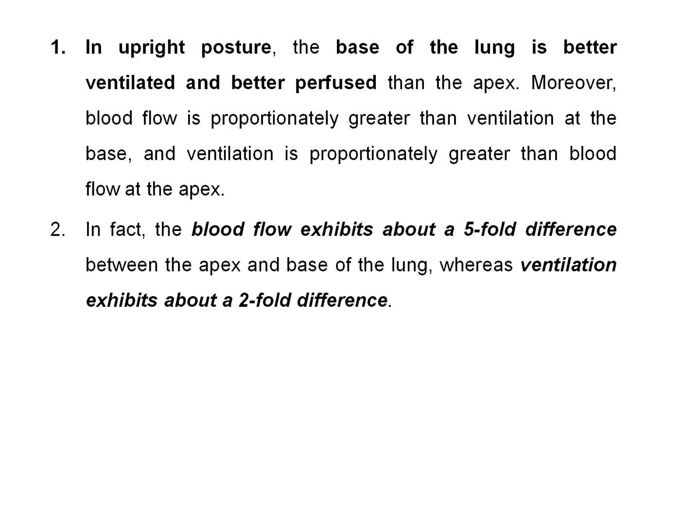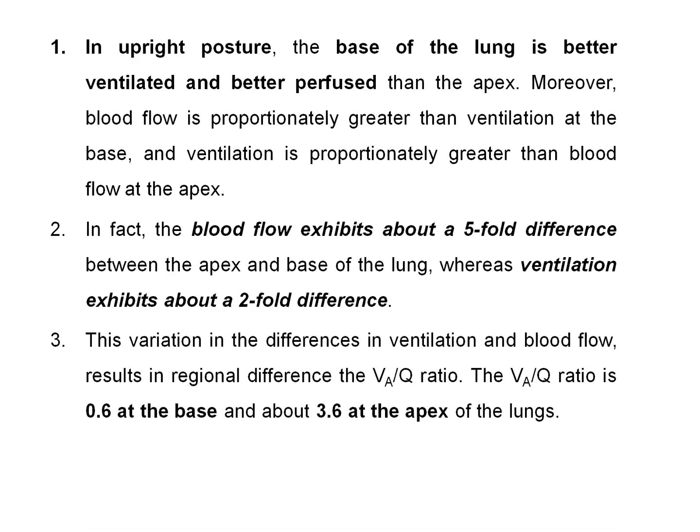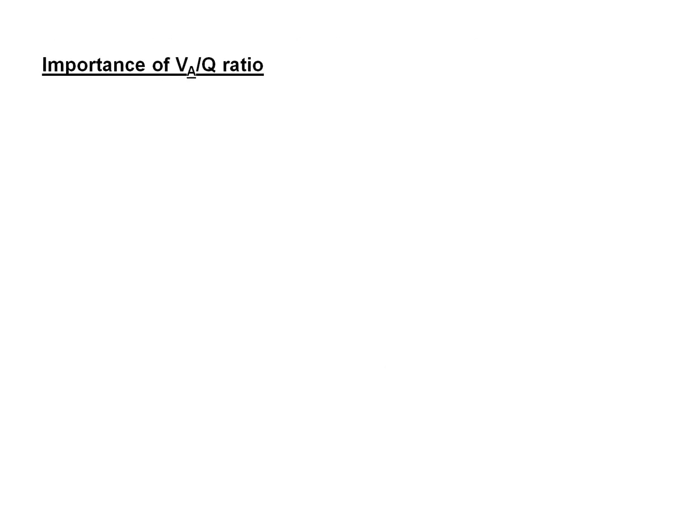The blood flow exhibits about a five-fold difference between the apex and the base, whereas ventilation only a two-fold difference. This difference results in regional differences of the VQ ratio. The VQ ratio is 0.6 at the base, which is low, and about 3.6 at the apex of the lungs.